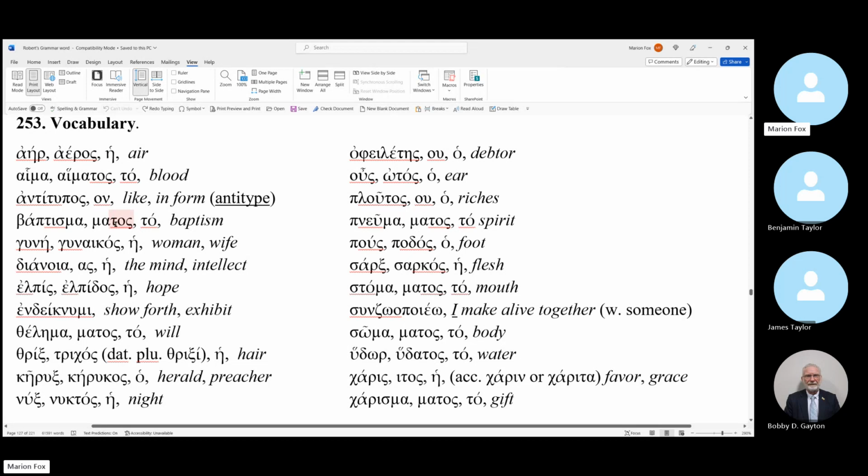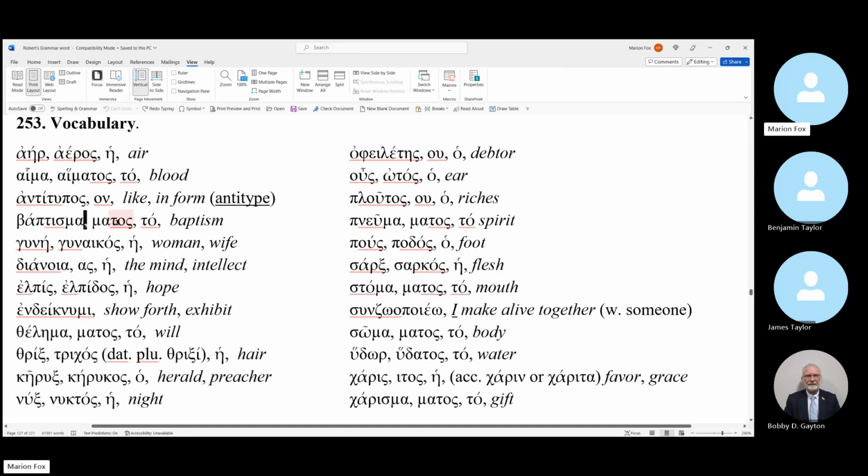Baptisma, and what he's done here is matos is the ending. So put matos here. And so what you would have is you drop the tau off, put the tau in right here, and you'd have the stem. Okay. Baptismatos.